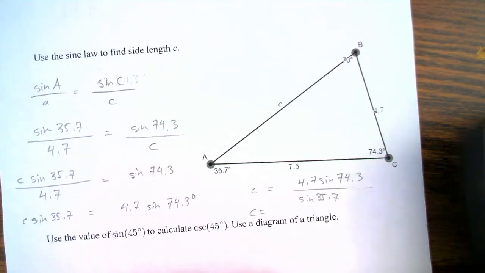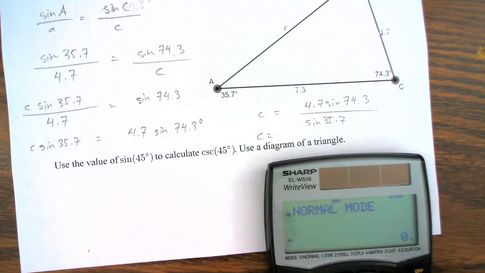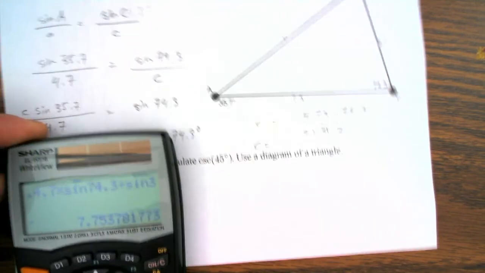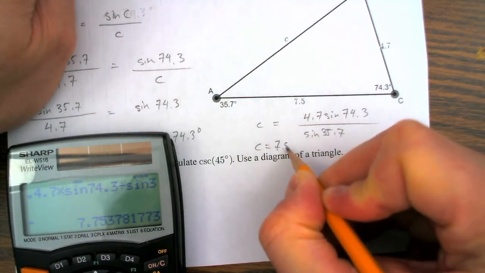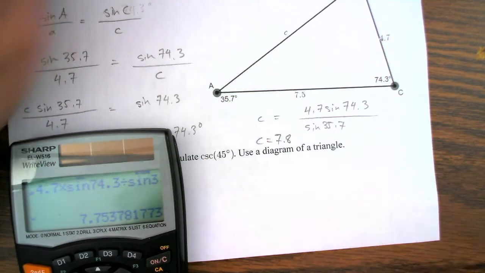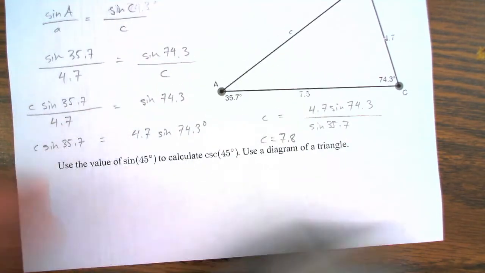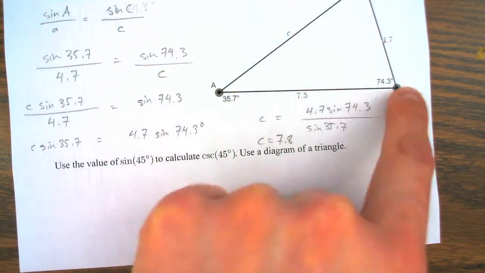So I leave all of the calculator work to the end. And I get 7.8. It's off by a little bit, and again, that's really due to all these numbers being rounded.